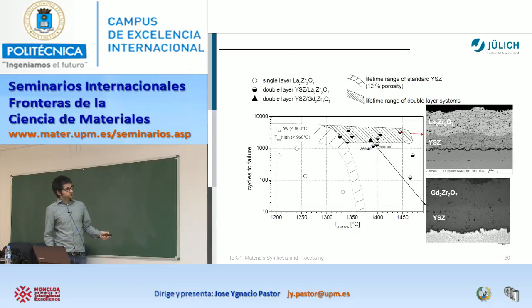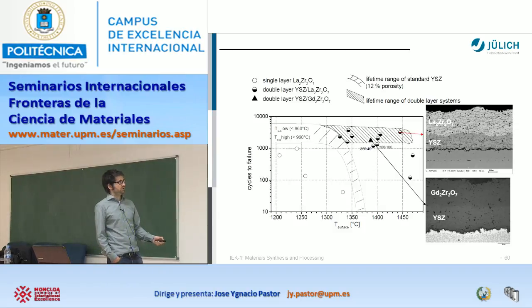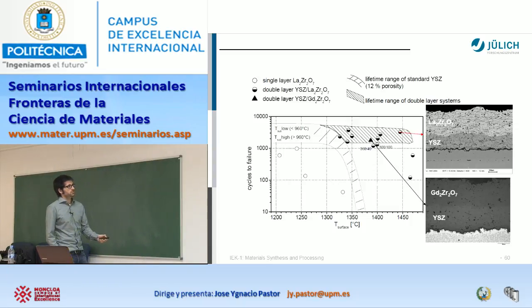When we incorporate this second layer, we are working in a range with a really large number of cycles and at high temperature. Obviously this is more expensive and more complex to process, but you increase your temperature a lot. To give an idea, this gadolinium zirconate operates at this temperature, but there is also this possibility of the lanthanum zirconate, which works here for many cycles and even at higher temperatures.